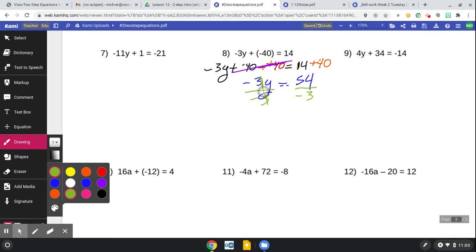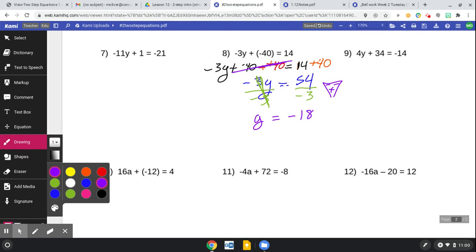Okay. My 3's cancel each other out. Y equals, I have different signs. Remember the integer man. I have a positive and a negative. I get a negative. 3 goes into 5 one time with 2 left over. 3 goes into 24 8 times.